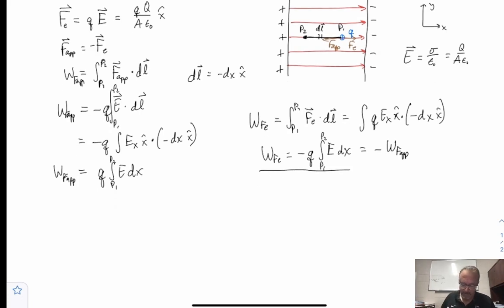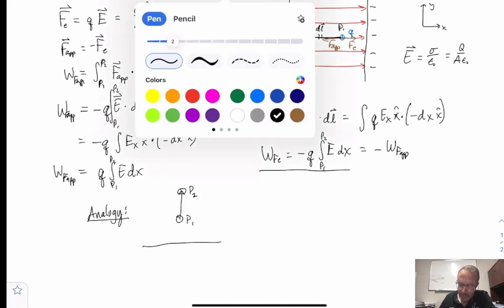Now you might think, this sounds a little familiar to something that we saw in first semester physics. If I have a ball in a gravitational field, and I want to lift the ball up from P1 to P2, remember, on this ball we have two forces.